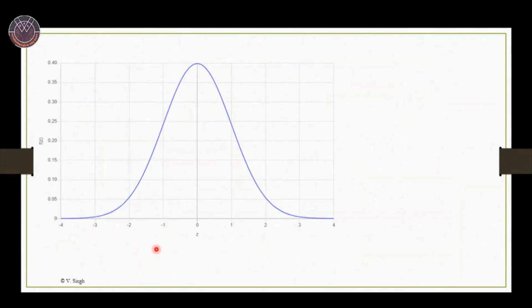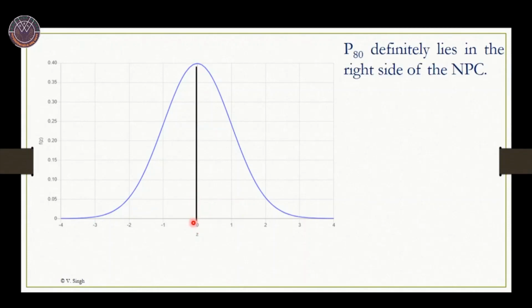To solve this problem, let us see it in the graph first. This is the normal probability curve, and we have the central line where the mean is. Now P80, that is percentile rank 80, definitely lies on the right hand side of the NPC, because 80% of the students are lying on the left hand side.